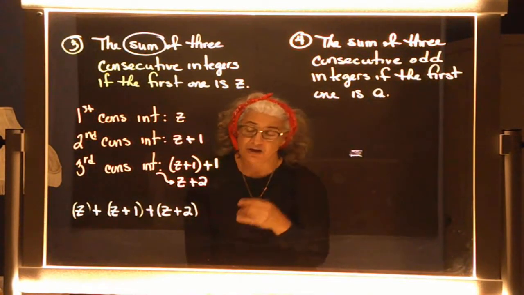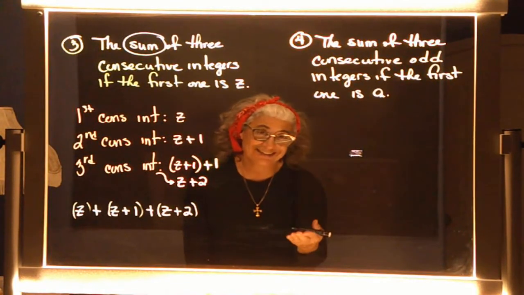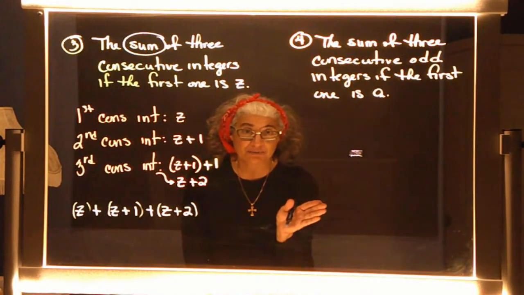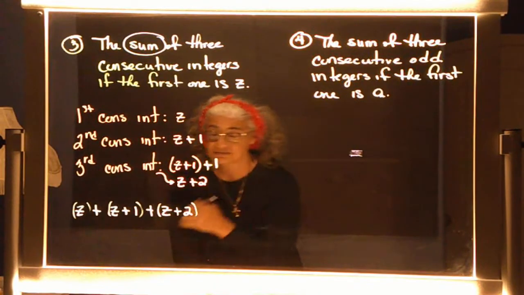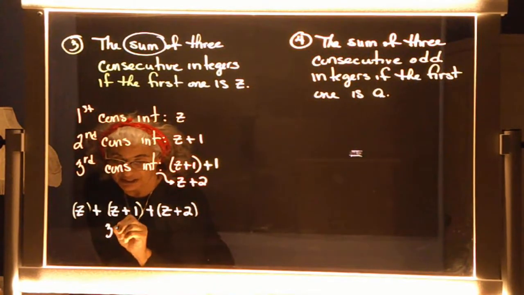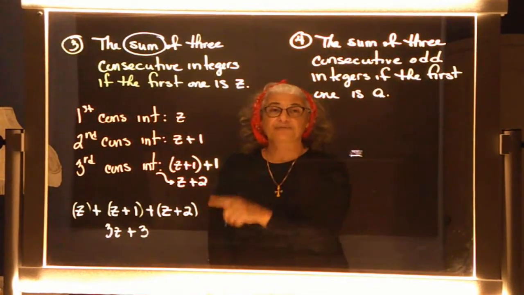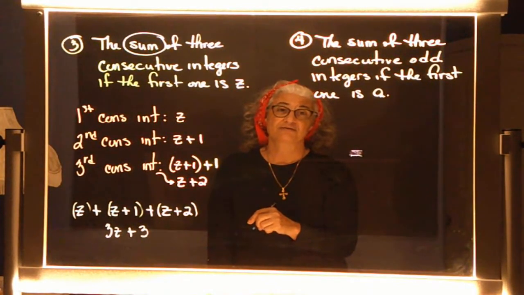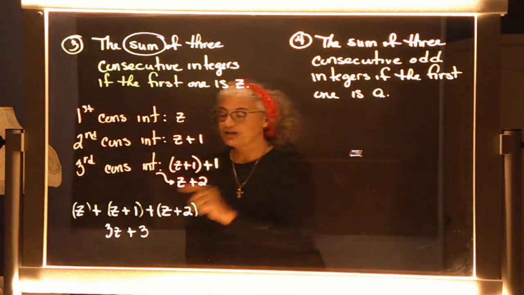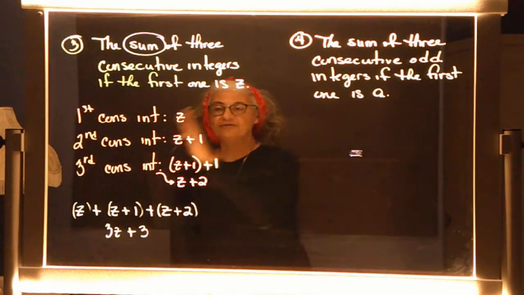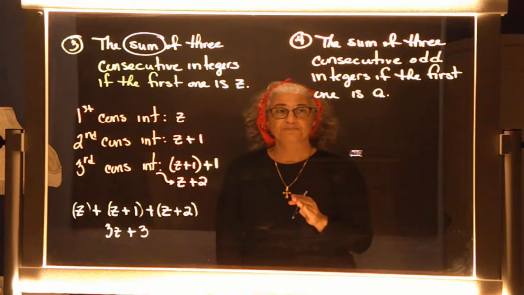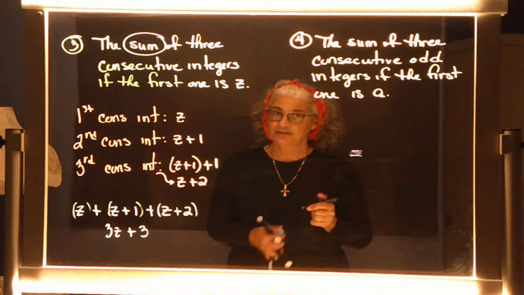Good? Okay, technically there's no distribution, so I can just add my like terms. What do you get? Good. 3z plus 3. This is the sum of 3 consecutive integers. So if I knew the first integer, I could plug it in and get the sum of all 3 of them. Cool?